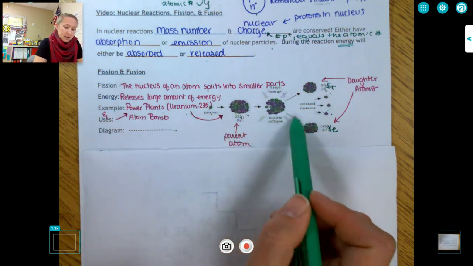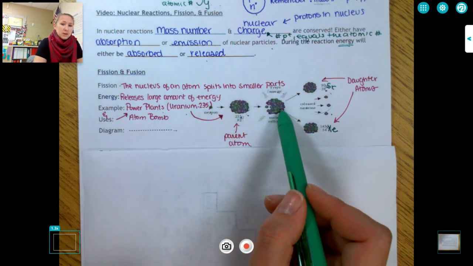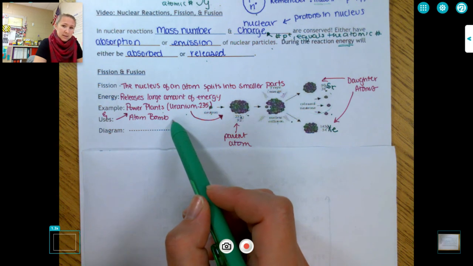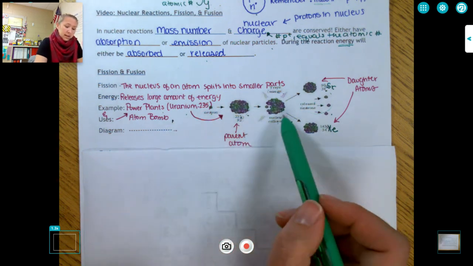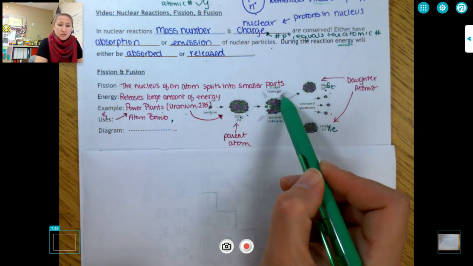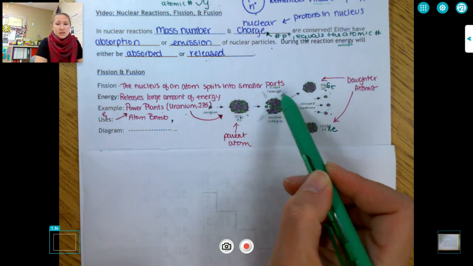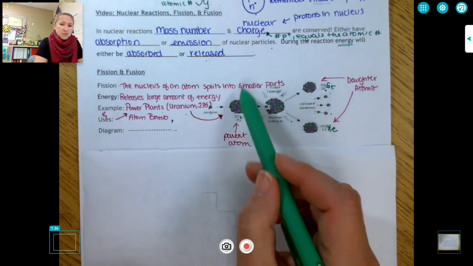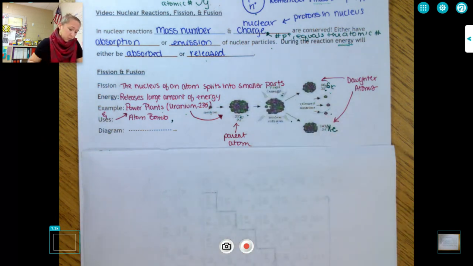That mass amount of energy that was given off when the atoms split, that's what causes that atomic bomb to have such a profound impact on an area. And then, because it gives off so much energy, and these are gamma rays, we learned that that's radiation. And that's why there's that radiation or the fallout that happens after an atomic bomb is dropped.